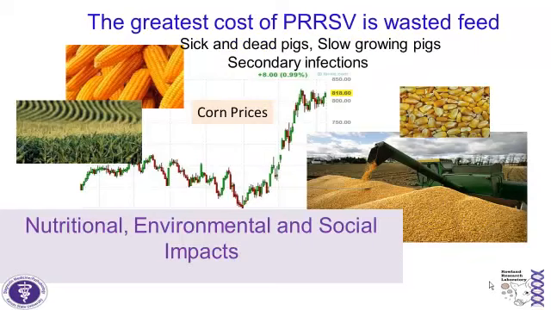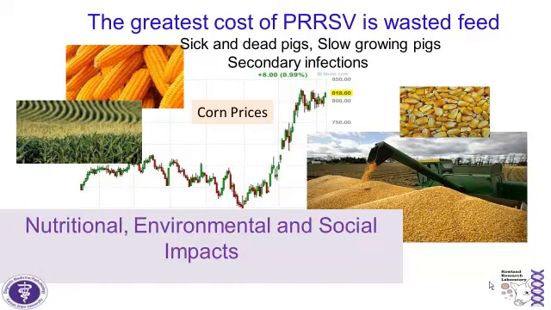And so when we look at PRRS, well, what's its greatest cost? Being in a vet school, we always say health. But at the end of the day, it's really a waste in feed. It's a nutrition issue in which 10% or so of the corn or whatever is fed to pigs is lost, either due to sick or dead pigs, pigs that are slow performing, or secondary infections.